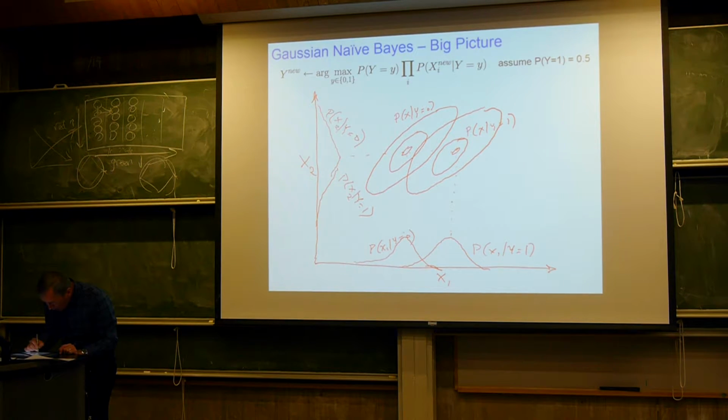Well, when we evaluate things here, we're going to take the product over x1 and x2 of p of x sub i given y. x2 will be the same in both cases, and so the only one that will be different is x1. So the linear decision surface for Gaussian naive Bayes is this.